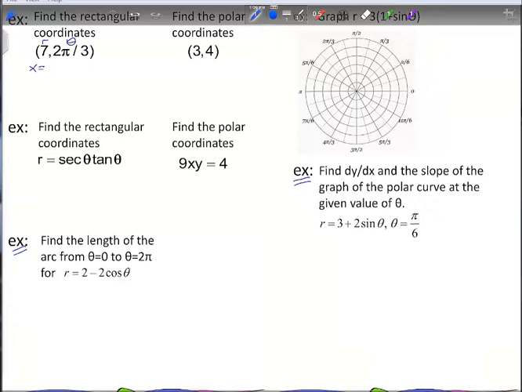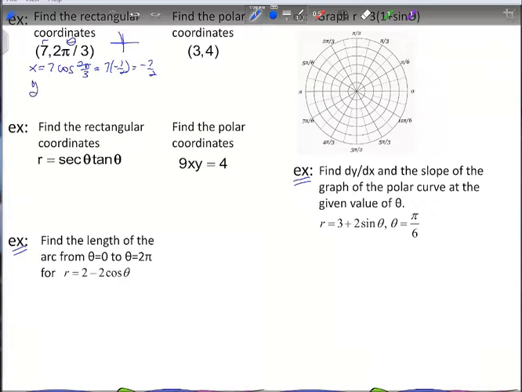So x equals, remember it's r, so 7 cosine of theta, 2 pi over 3. And so that's going to be 7, let's see where 2 pi over 3 is. Cosine is shorter, so it's the 1/2. And it's on the negative side, so it's times negative 1/2, right? So my x coordinate is negative 7/2.